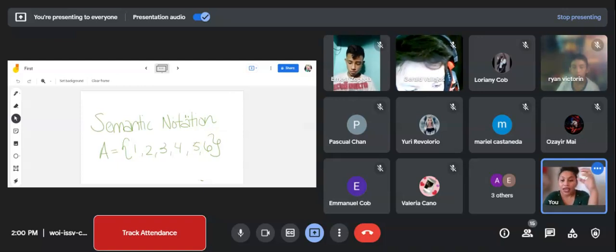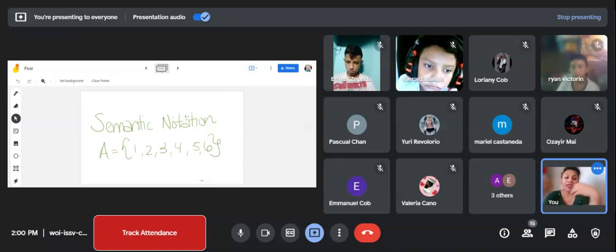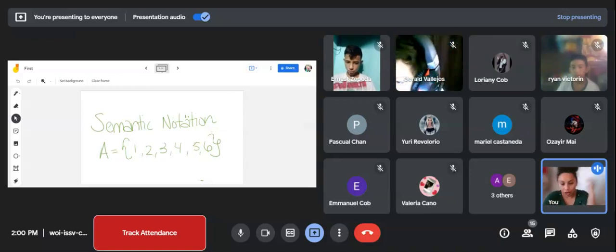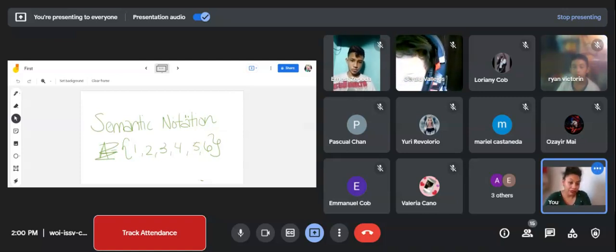So if I have the curly brackets, I have the elements listed, and this set has a name, then it is semantic notation. Now, what happens if no name is given? Then it is no longer semantic notation. It is just a list of elements.